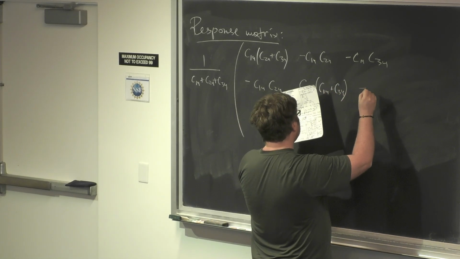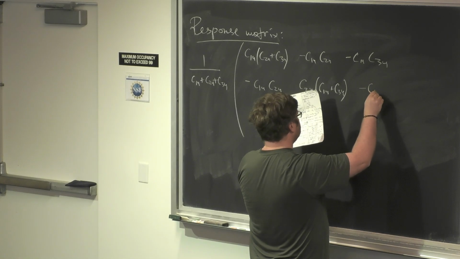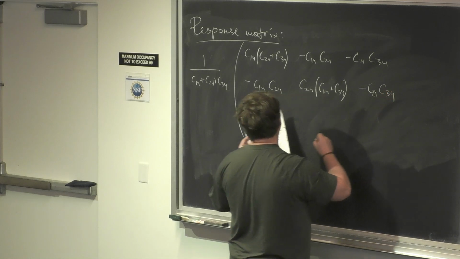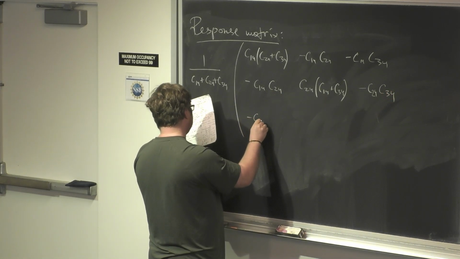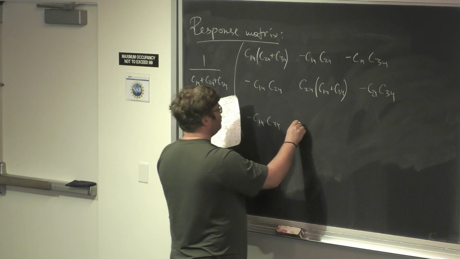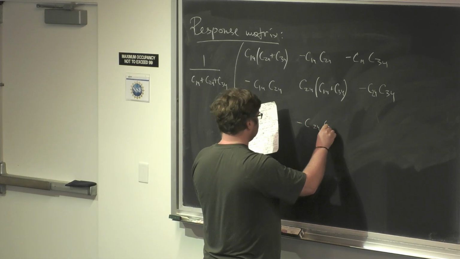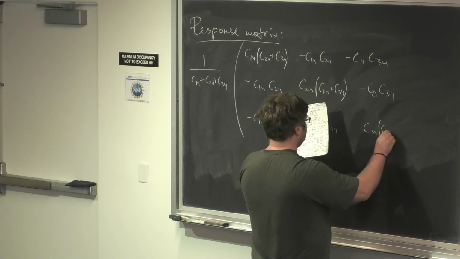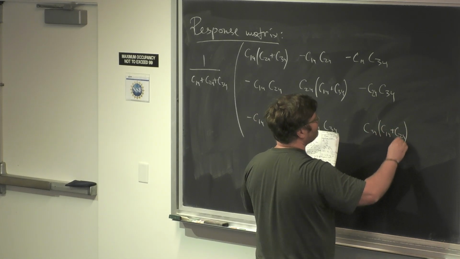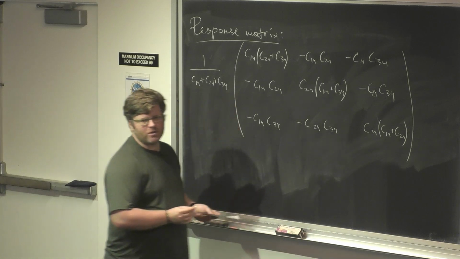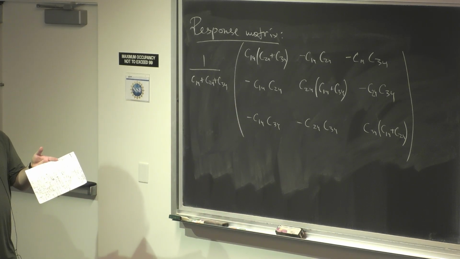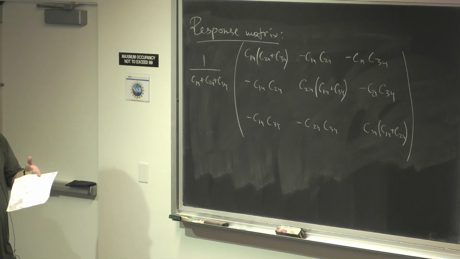And the sum of all rows or sum of all columns in it will always be the 0 vector. So C34. And the last one minus C14, minus C24, C34, C34, C24.